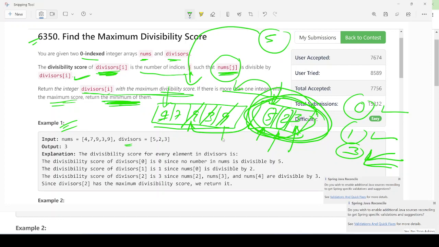Now we take 3, and 3 divides 3 and 9, so the count is 3. After dividing, this is the count of how many numbers each divisor divides: 0, 1 and 3. So the max count is 3, and we return that one. I think you got me.